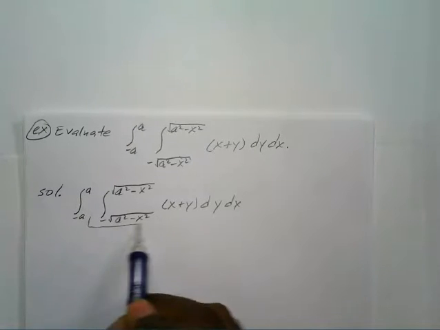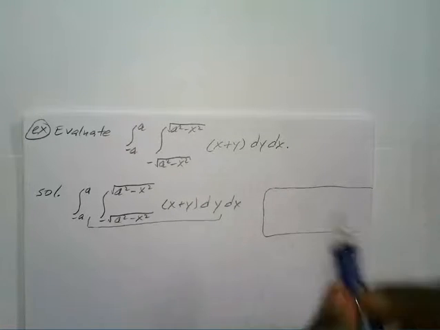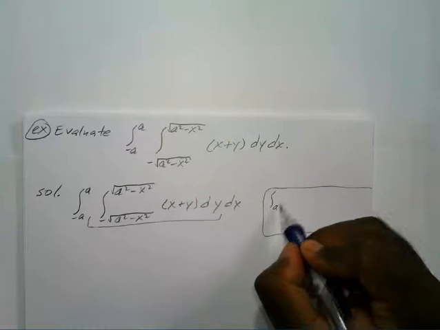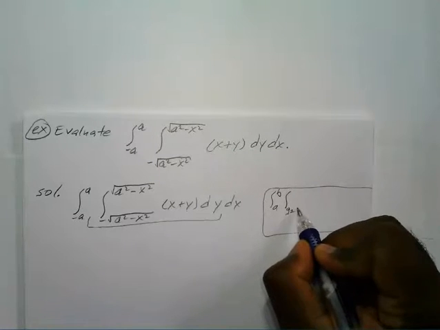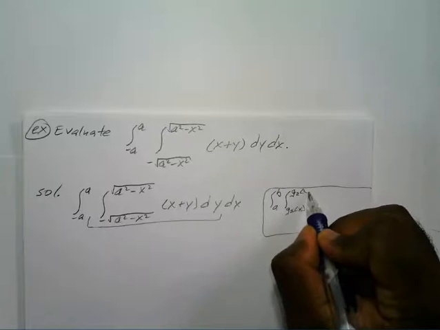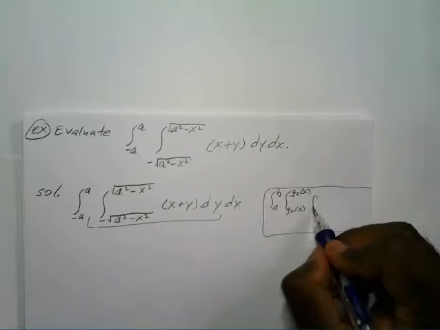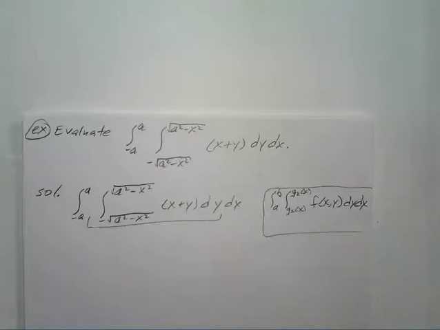Okay, so starting right here in the middle, you can see that this pretty much looks like from a to b, your first x function to your second x function, with respect to y, then with respect to x. So it pretty much looks like this one. Okay, so now we're integrating here with respect to y.